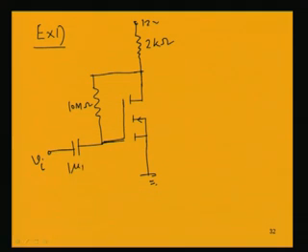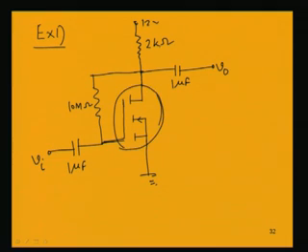A 1 microfarad capacitance is here, and another is here at the output, which is also 1 microfarad. The voltage at this output is say V naught. So, this is our N channel enhancement type Mosfet device.